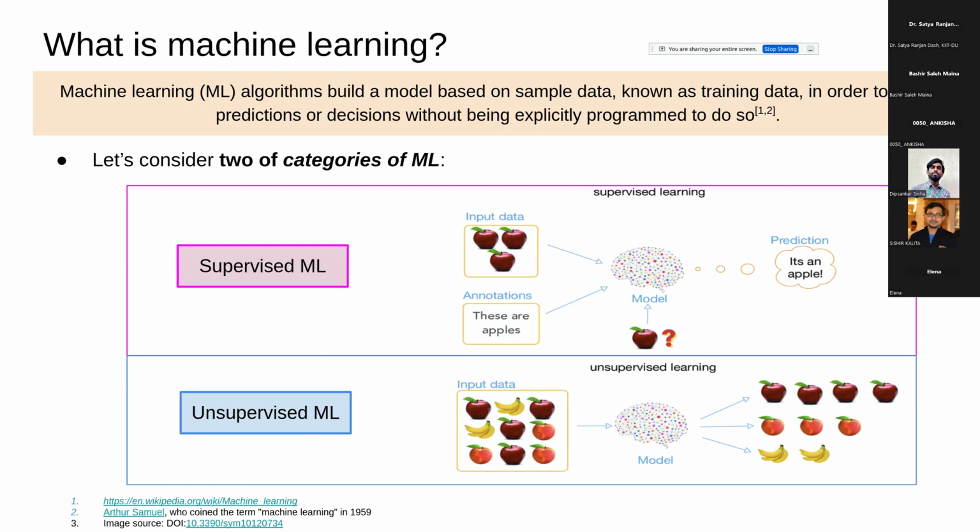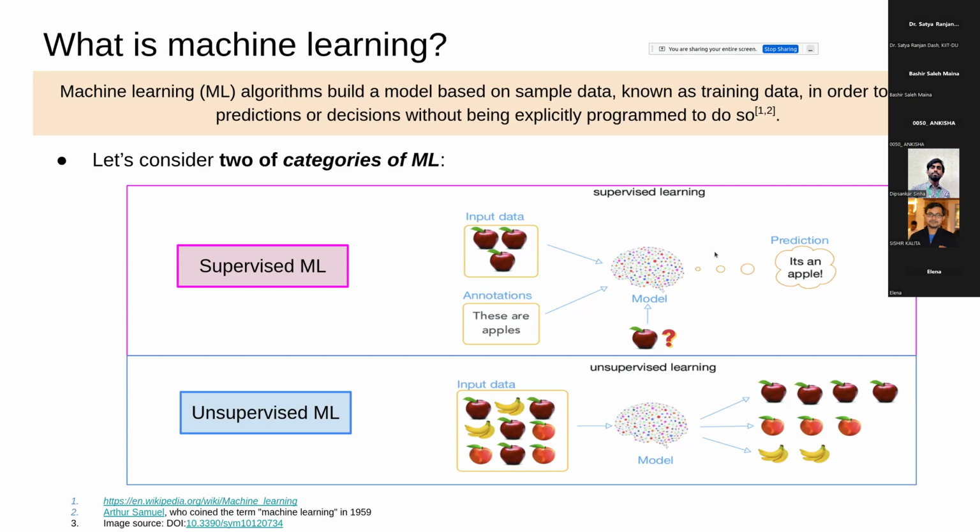Then you build a model, maybe SVM, decision tree, logistic regression, or even a neural network. In unsupervised learning you don't have labels, so you fit a clustering algorithm and try to segregate the data.